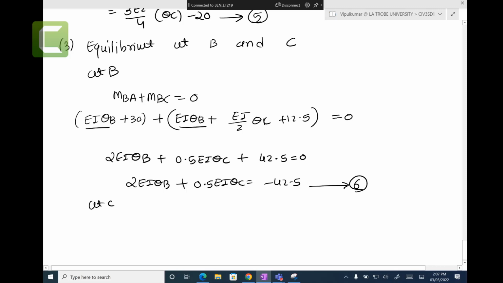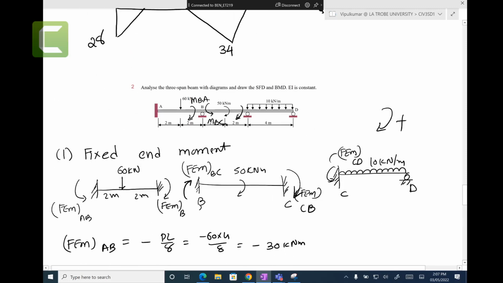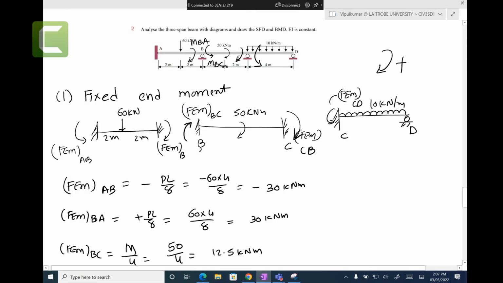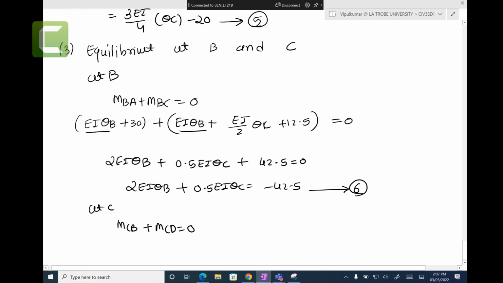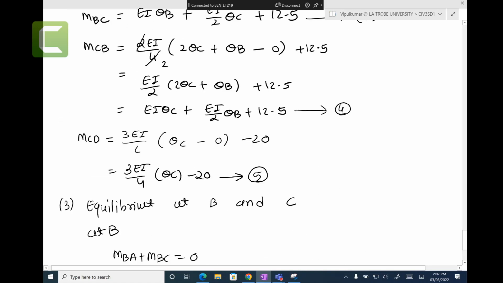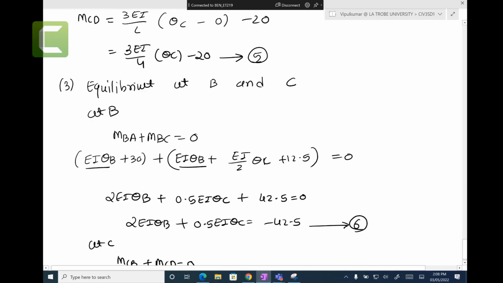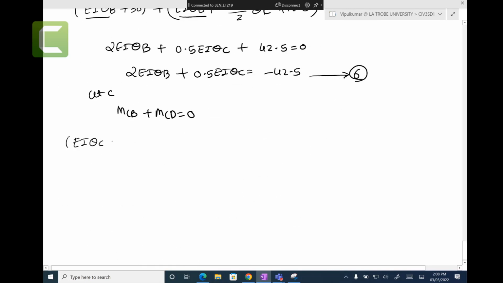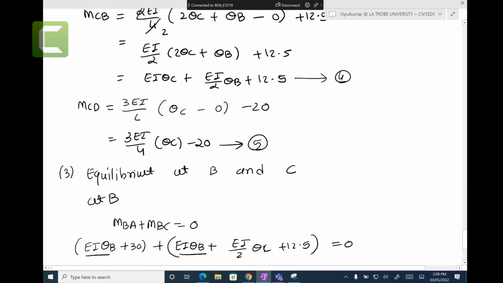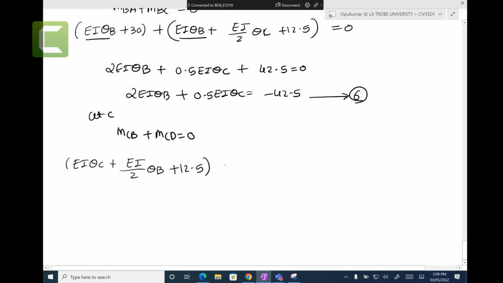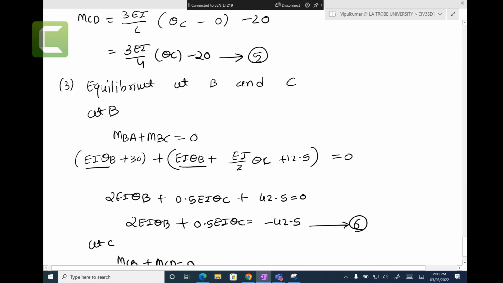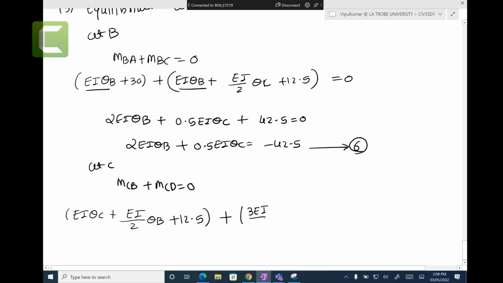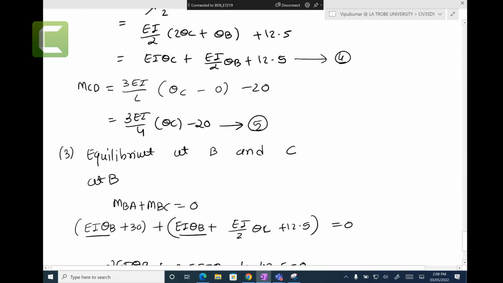And then at C we have CB and CD. CB is EI theta C plus EI on 2 theta B plus 12.5, plus MCD, which is 3 EI on 4 theta C minus 20.